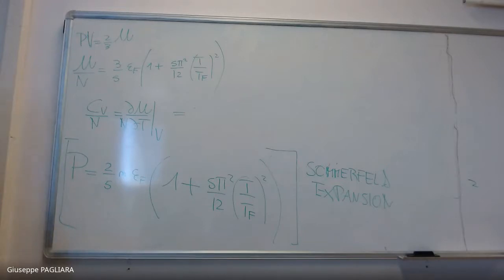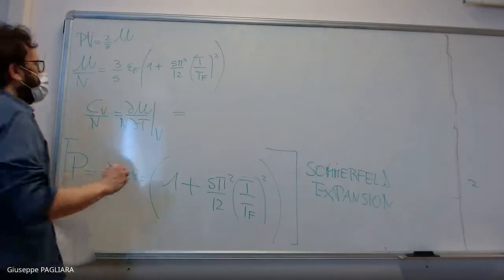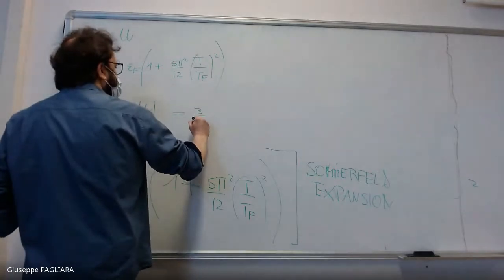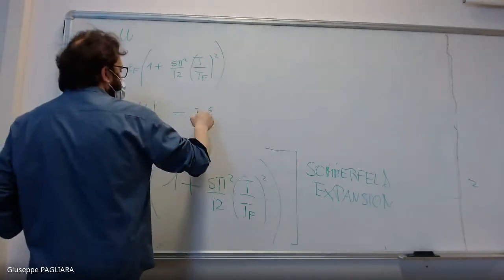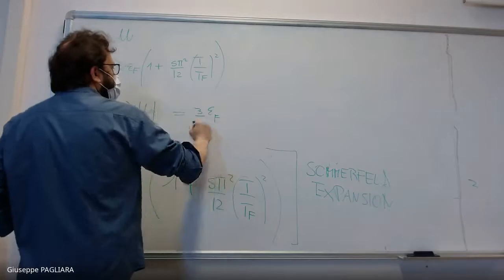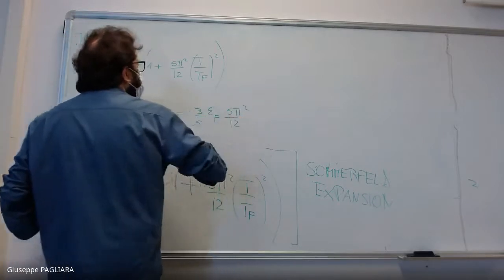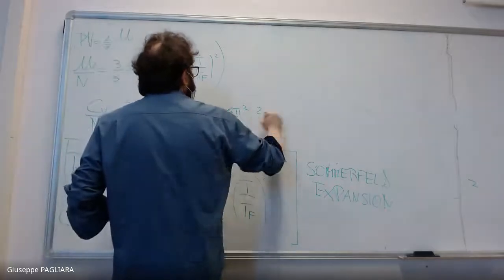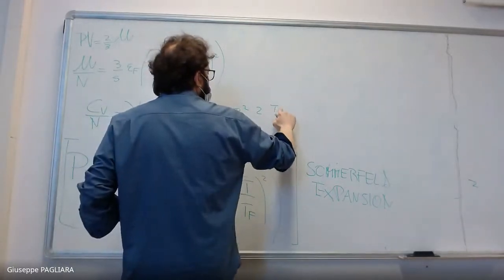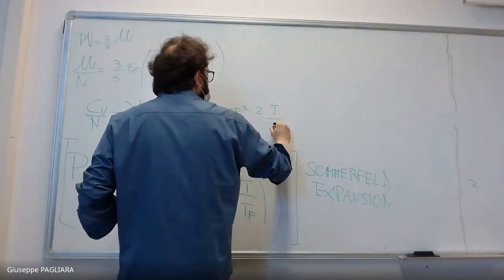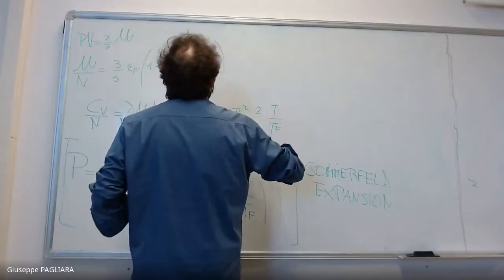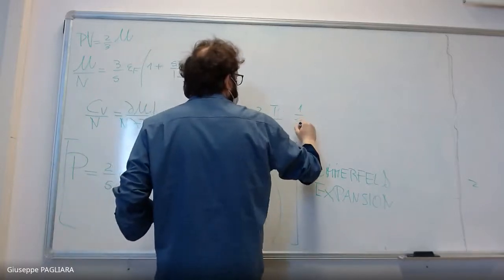And what do I have here? I have 3 divided by 5 EF. Then I have a 5 pi squared divided by 12. Then I have a 2 T divided by TF, and 1 divided by TF.